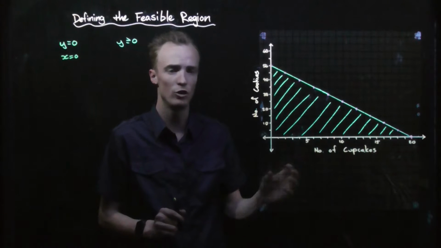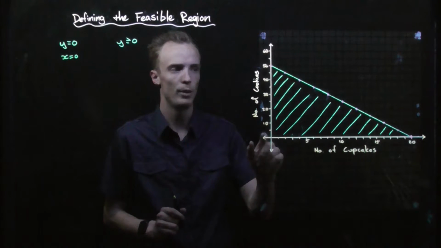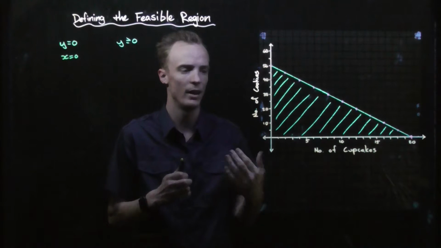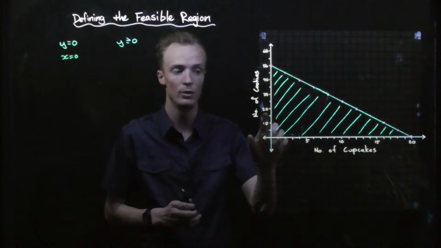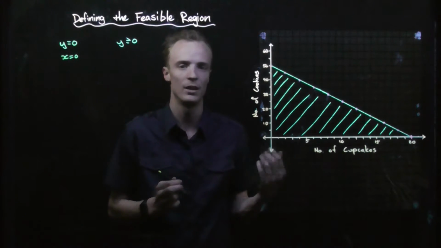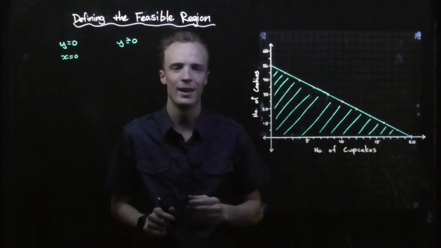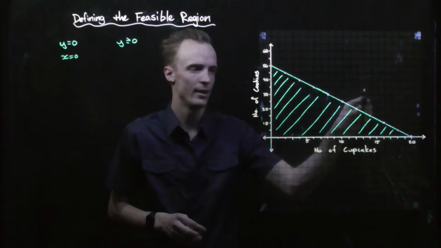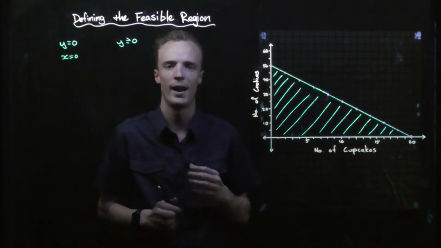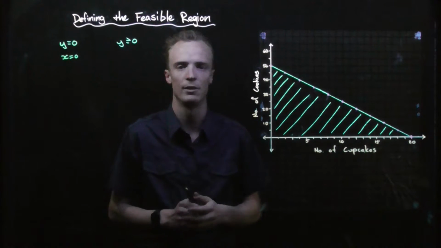You can choose to purchase 0 cupcakes while you're purchasing some amount of cookies. You could purchase 10 cookies, 20 cookies, so feasible solutions exist where x is equal to 0, the number of cupcakes is equal to 0. But they also exist in this area, this side of the y-axis, where x is becoming greater than 0.